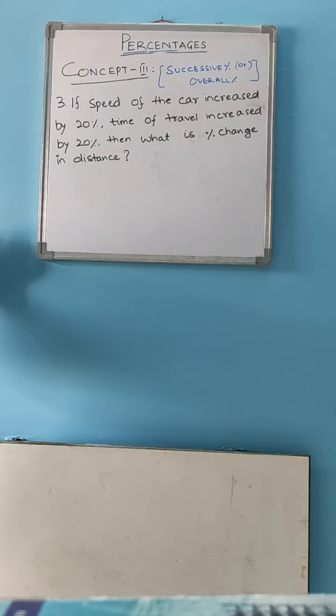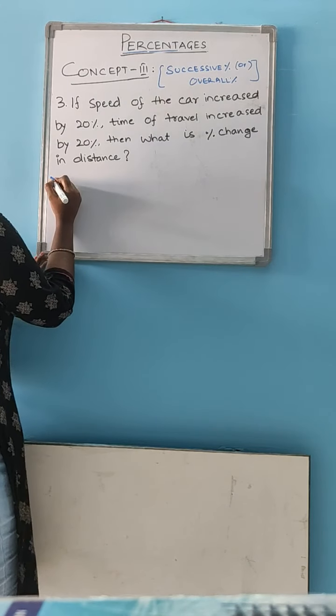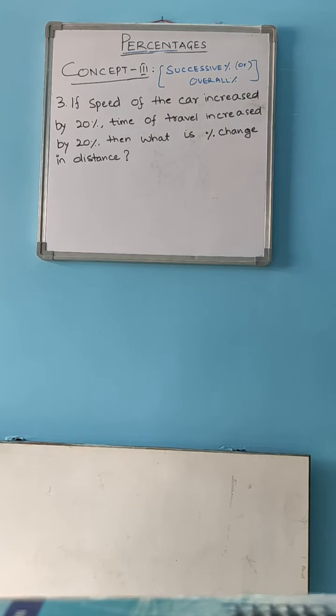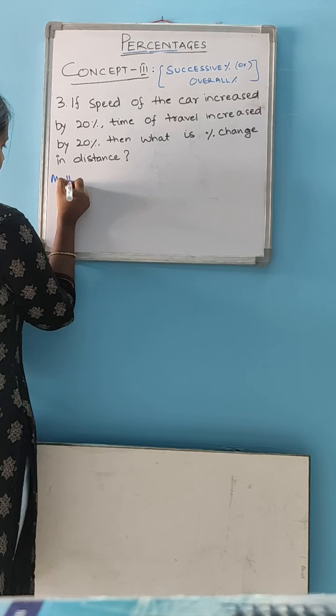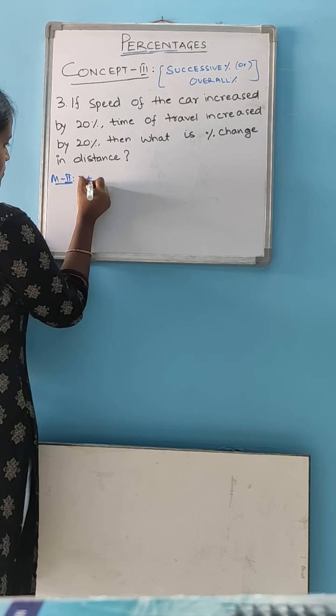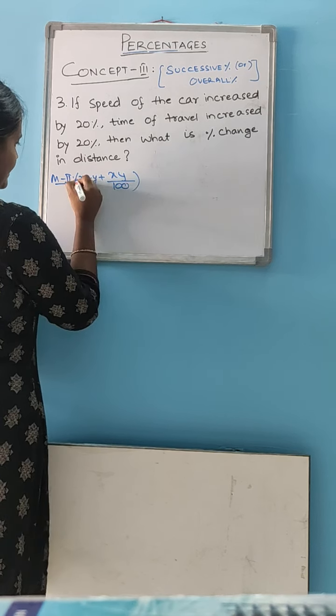Now we will see one more example. See, here it is given that the speed of the car increased by 20% and the time of travel increased by 20%. Then what is the percentage change in distance? Here again I am solving this problem by using the second and third methods. You can follow the method most convenient to you. Method 2 is x plus y plus xy by 100.